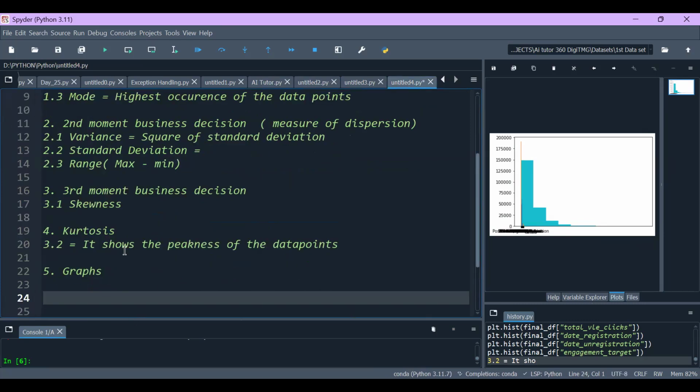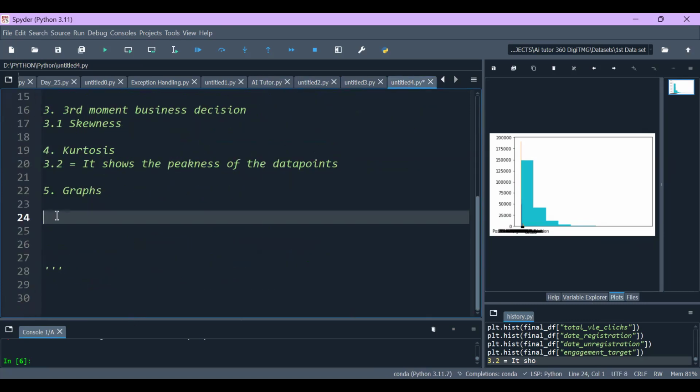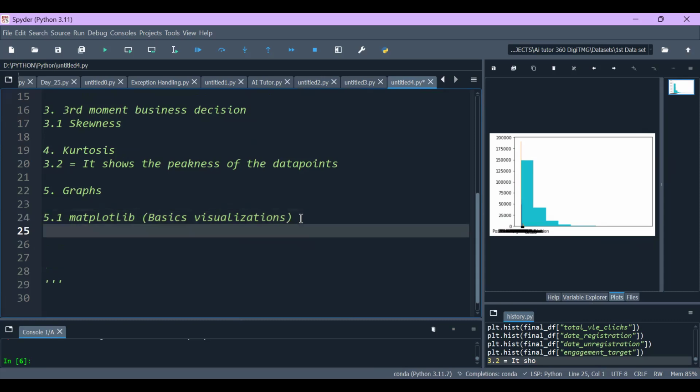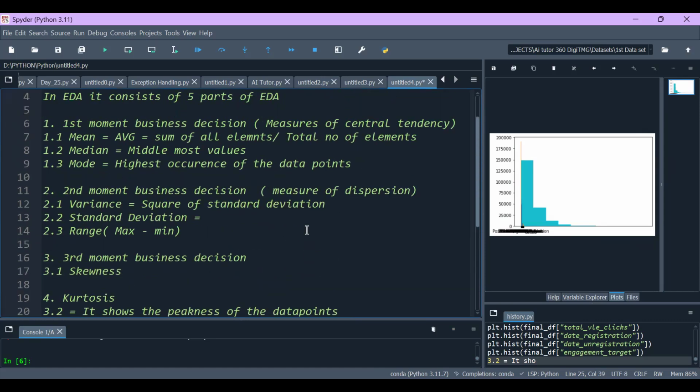For graphs, 5.1 is importing the library matplotlib, which is for basic visualization, and 5.2 is seaborn, which is for advanced visualization.